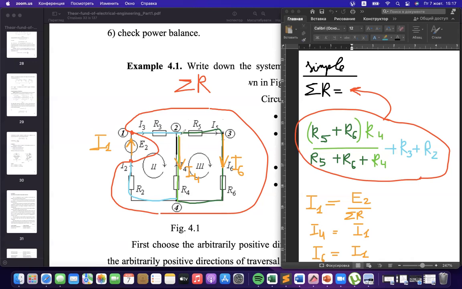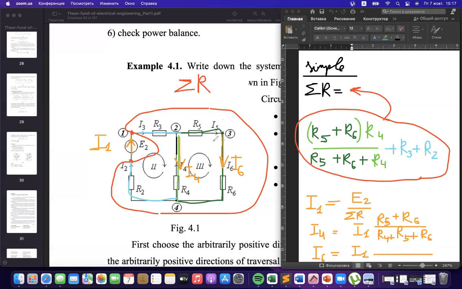If we want to find current I4 as a percentage of current I1, we should multiply by the resistivity of the opposite parallel branch, R5 plus R6, and divide by the total resistivity, R4 plus R5 plus R6.